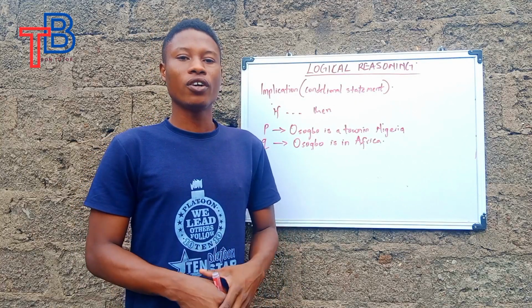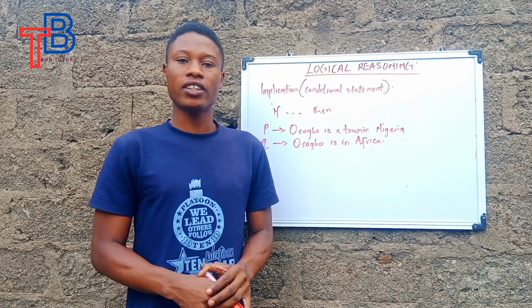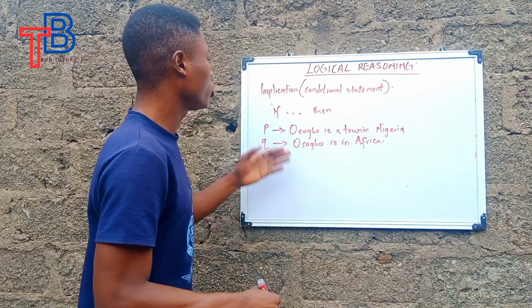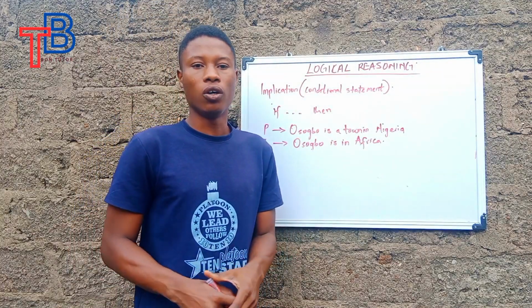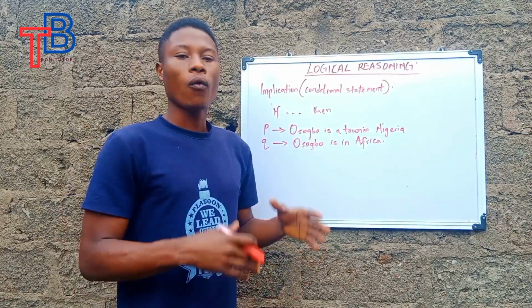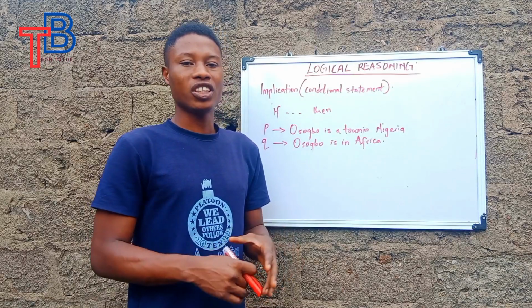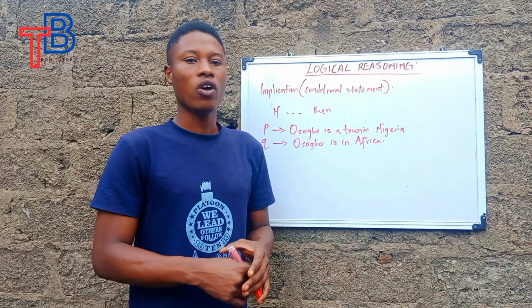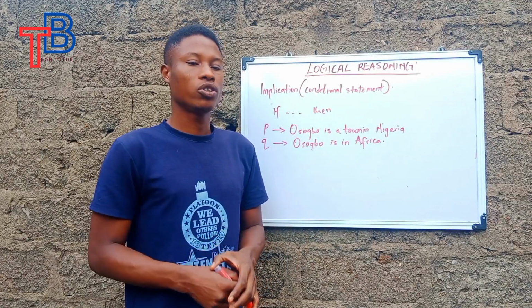We'll continue on compound statements that we started the last time. We are still on logical reasoning, and today we'll be talking about implication or conditional statement. It is still under compound statement, whereby you can join two statements together.